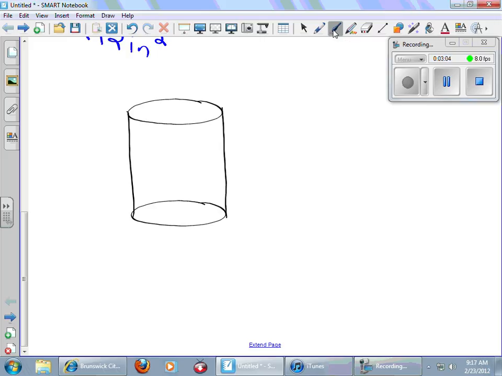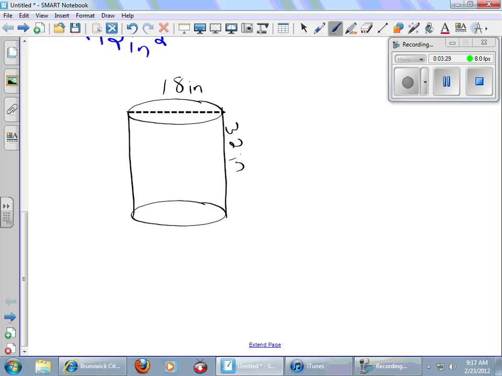The first thing I'm going to tell you is that the distance from here to here is going to be, say, 18 inches. And then this distance here, the height of the cylinder, we'll make that 32 inches.